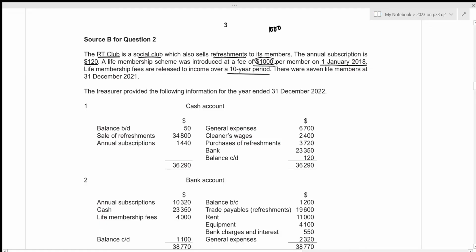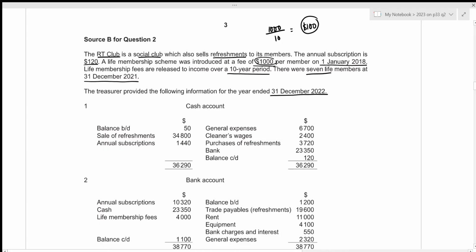So that is just going to be 1,000 divided by 10, which is 100. So every year, 100 as part of the life membership fee will be transferred to our income and expenditure account for one life member. And there were 7 life members at 31st December 2021. The treasurer provided the following information for the year ended 31st December 2022.